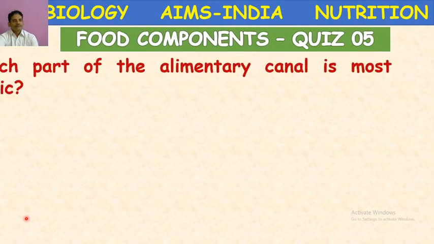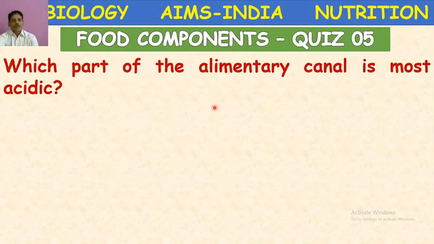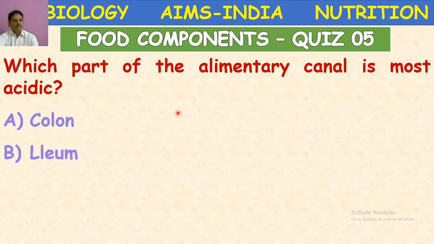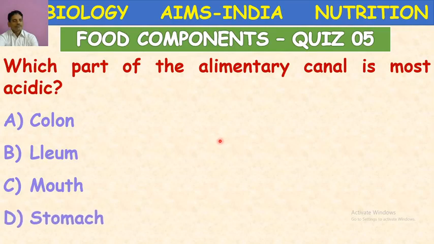Next, which part of the alimentary canal is most acidic? Colon, ileum, mouth, stomach. Ileum is a part of the small intestine. Colon is a part of the large intestine.